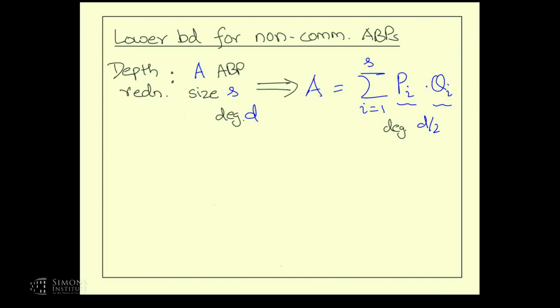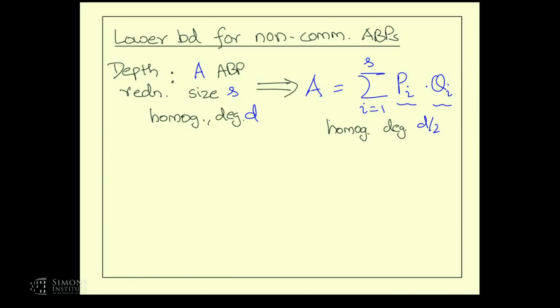Okay, so this is what we observed last time, and I'll need just a slight refinement of this: if I start with an algebraic branching program that computes a homogeneous polynomial of degree d, where a homogeneous polynomial is one where all the monomials have the same degree, then I get the same kind of decomposition, but in addition these polynomials are all homogeneous of degree d by 2.